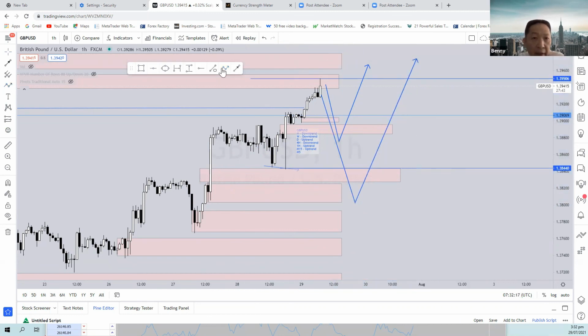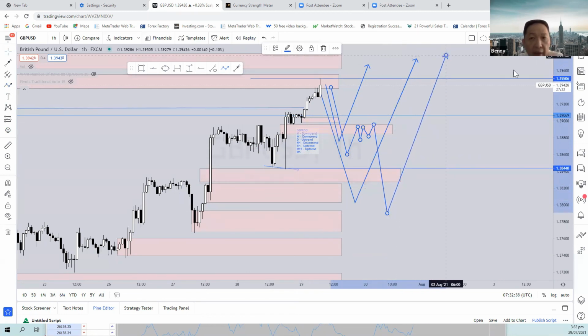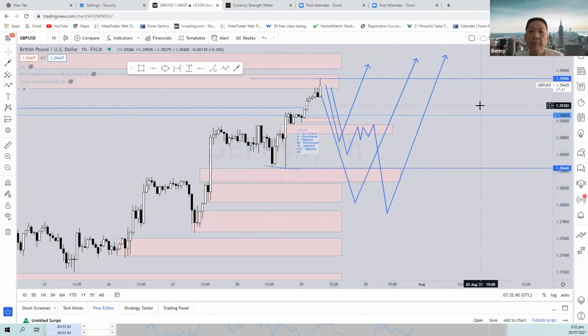Third one, market can just go down, take out the gap, and then start to move higher, and then go through a phase of distribution, and then break and come and pick this one and then go higher. So immediately, my mind will have these three different scenarios that price can potentially move.